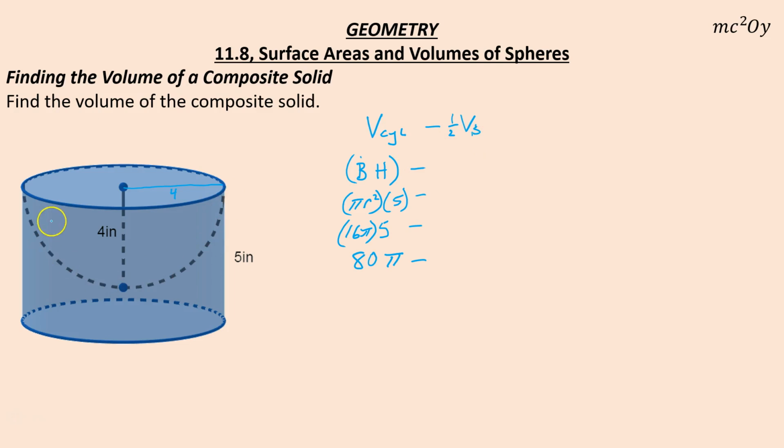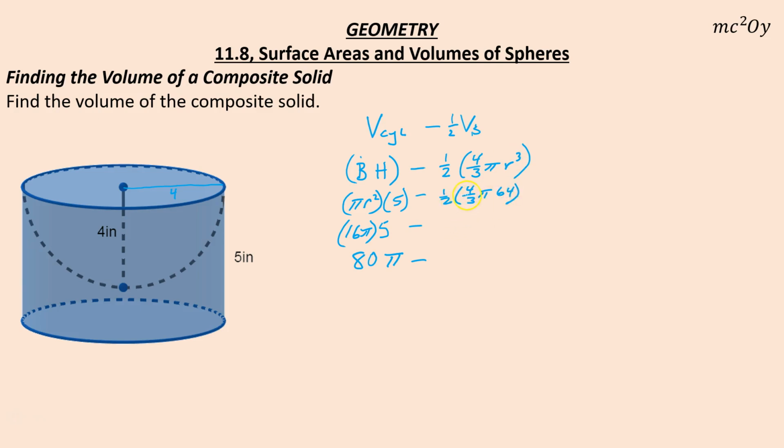Volume of the sphere, I look at this sphere, remember the volume of a sphere is equal to 4/3 pi r cubed. And my radius is 4, so I have 1/2 of 4/3 pi times 4 cubed, which is 64.